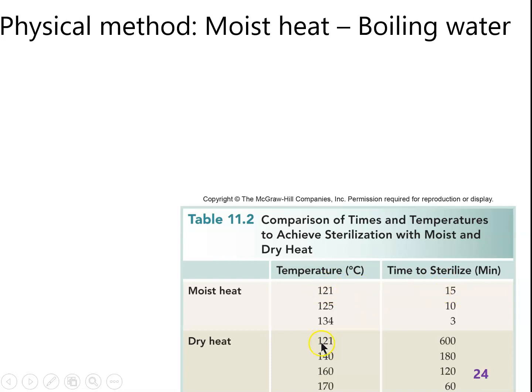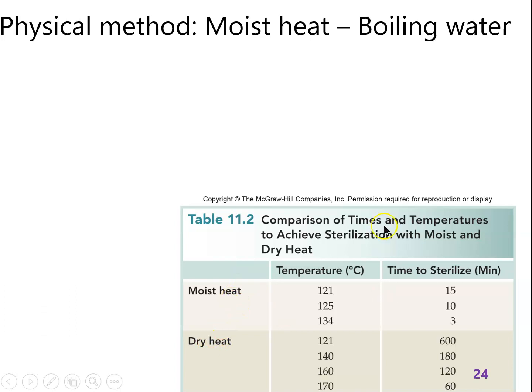And if you look at this one, say 121 Celsius, that's very hot. That would be like steam heating, versus just hot, very hot air. Well, if it's moist heat, it can sterilize something in under 15 minutes in some cases, compared to 600 for dry heat.